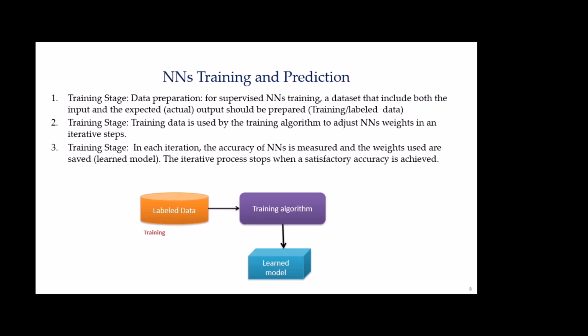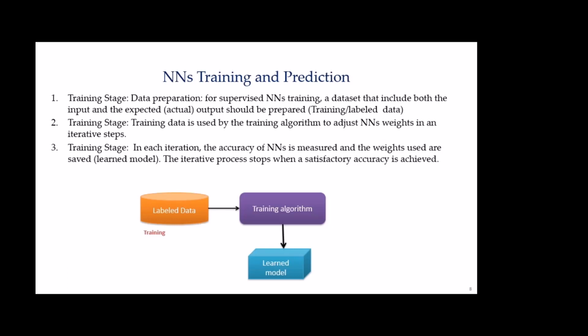In each iteration, the training algorithm will assign weights and figure out how far we are from the right target. Each time new weights are specified, those weights can be stored or saved. The process will keep repeating until we reach a satisfactory accuracy.